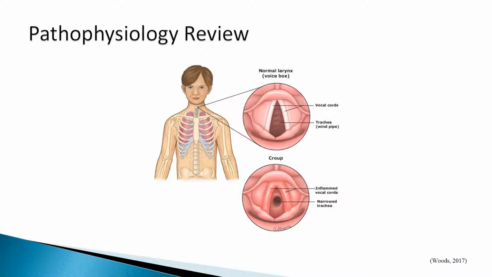The virus, when it infects the nose and the throat, then progresses to the larynx and the trachea, and then the larynx and the trachea become swollen, as you can see in the bottom picture, and it makes it very, very difficult for air to enter the lungs. So this is a very important concept to gather, because the virus is not attacking the lungs, but it's affecting the lungs because the inflammation in the airway is not allowing any air flow to the lungs.